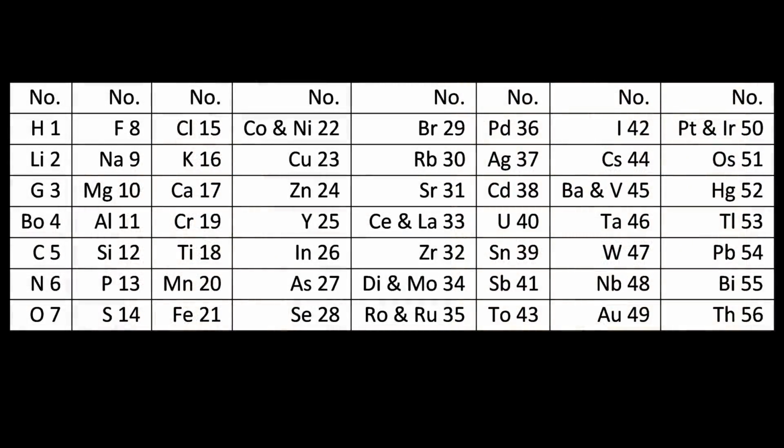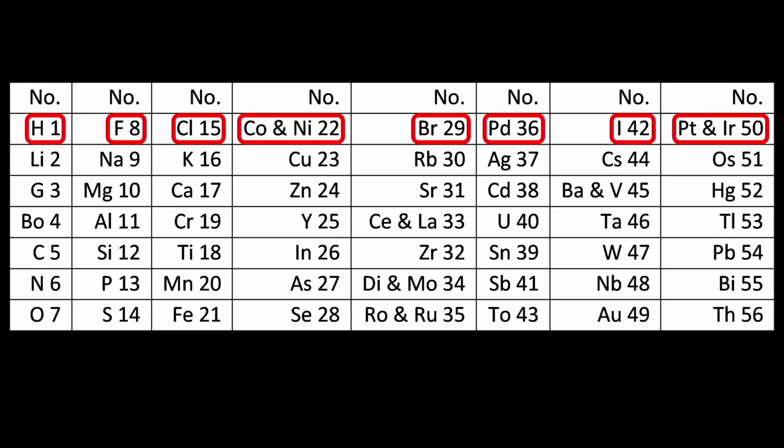He became somewhat obsessed with the fact that the element properties seemed to repeat about every 7 elements, at least for the early elements. Here you see hydrogen, 1, followed by fluorine, 8, chlorine, 15, cobalt and nickel, 22, for some reason in 1 square, followed by bromine, 29, palladium, iodine, 42, and platinum and iridium.